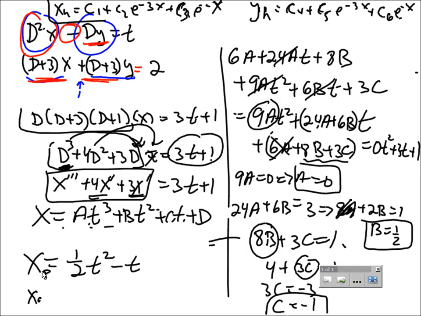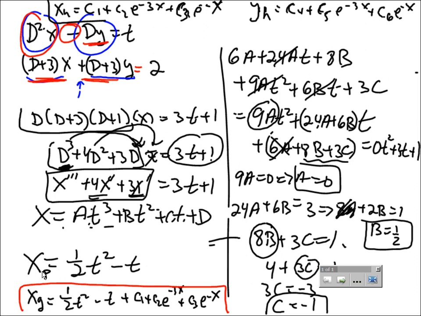The x general is 1/2 t squared minus t, x particular, plus the homogeneous, plus c1 plus c2 e to the negative 3t plus c3 e to the negative t. That is x.